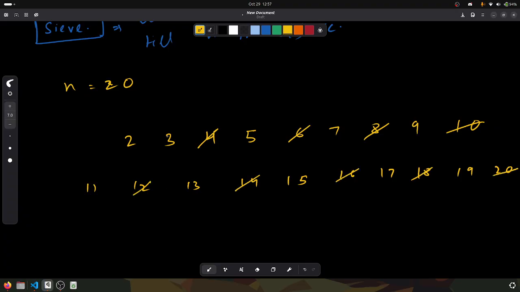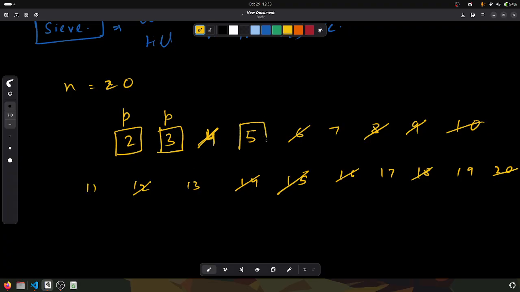Now 2 is fixed to be a prime number. Now 3 is a prime number, so any multiple of 3 cannot be prime. So 6 is not prime, 9 is also not prime, 12, 15, 18. Now we fix 3 to be prime.